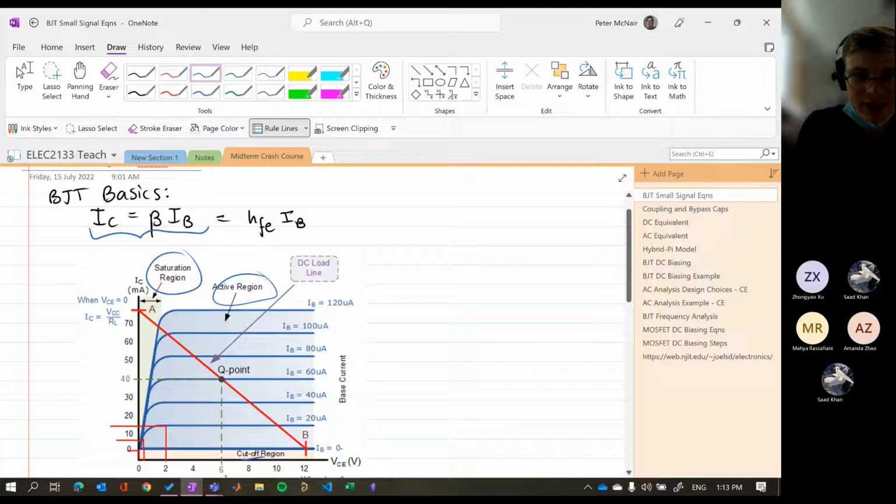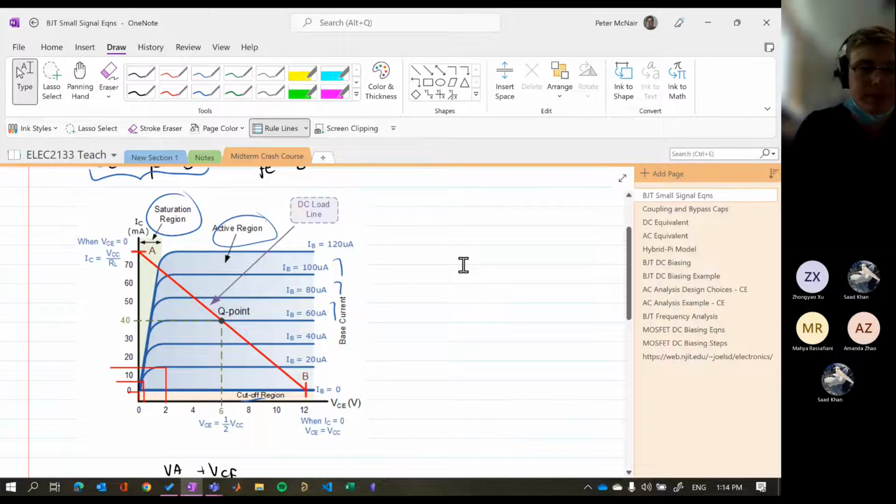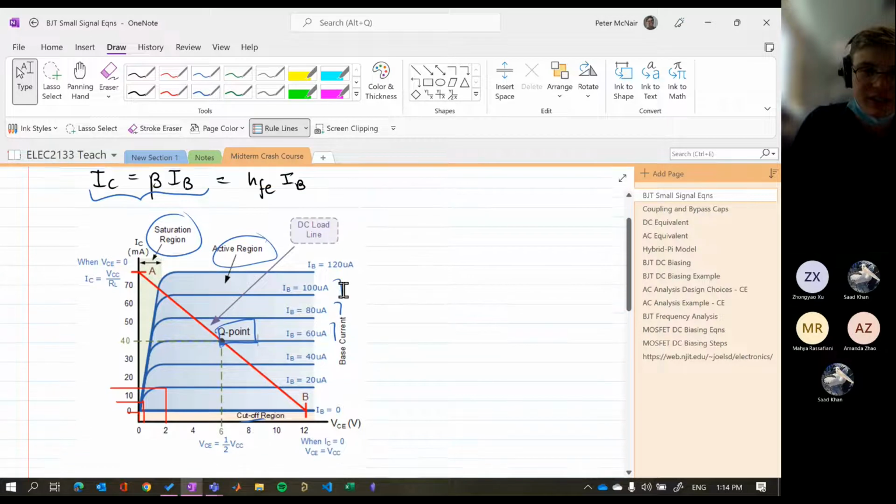So you can see even as VCE is changing, our collector current stays the same, and it depends on the different values of IB that we have along here for our BJT. Our Q point is essentially the biasing point that we're doing our analysis about.